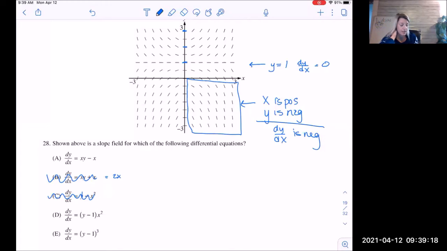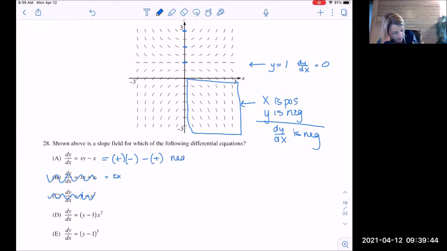Okay. So again, this may or may not work. I don't even know if this is the right thinking. So x is positive. So this is going to be a positive times a negative minus a positive, right? That's going to give me a negative minus a positive, which is always going to be negative, right?